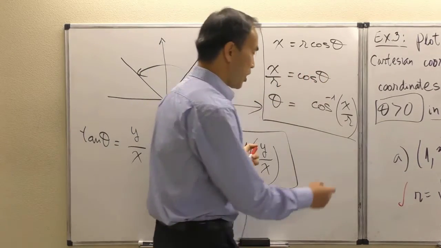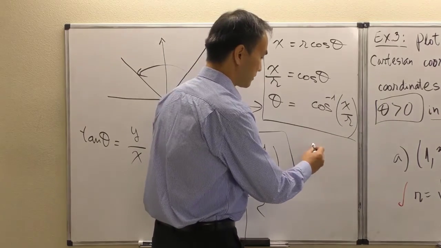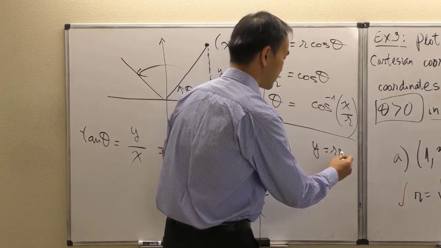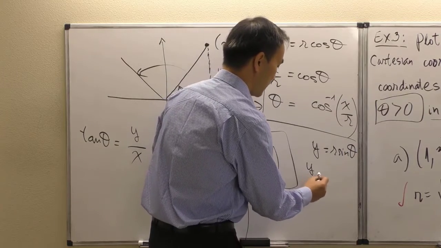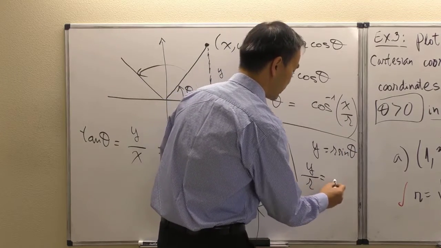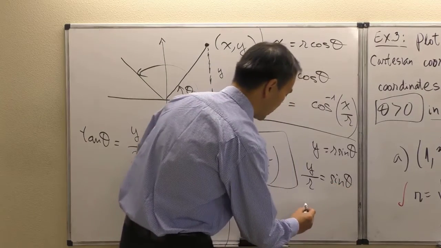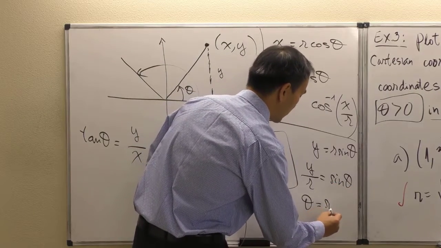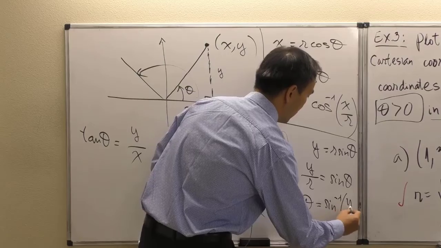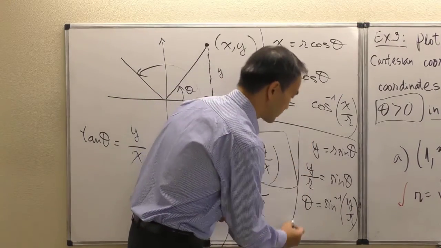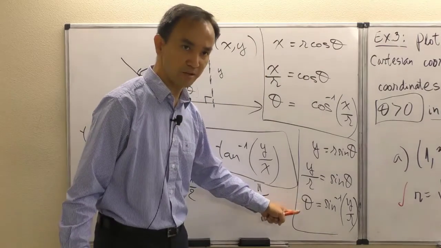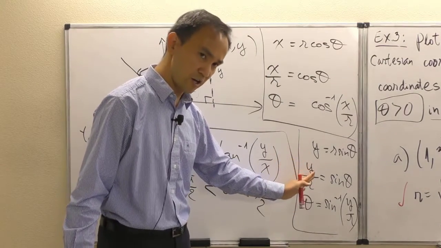Somebody else can also question me: since y equals r times sine theta, why didn't I go with y over r equals sine theta, and find theta by doing sine inverse of y over r? Again, I am not saying this route doesn't give you the answer, but I want you to try it and experiment.